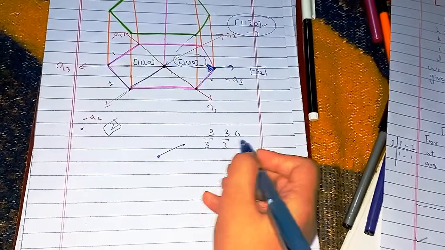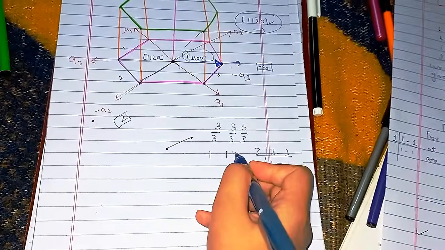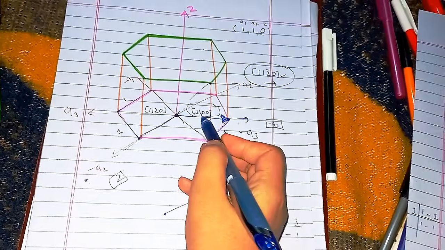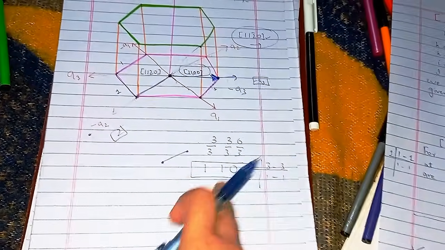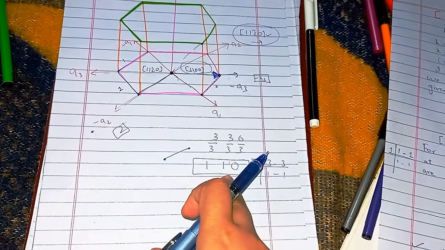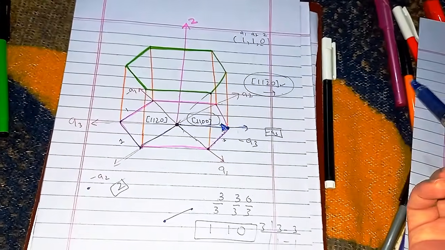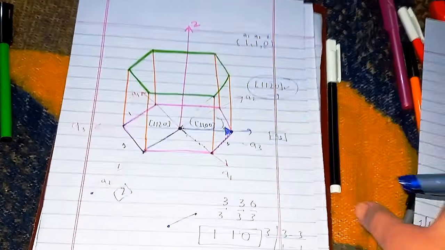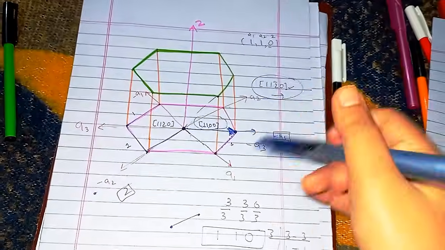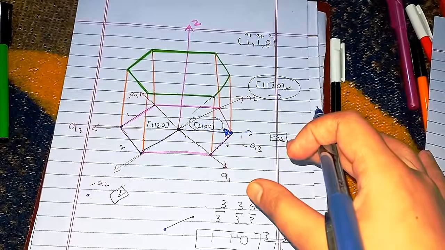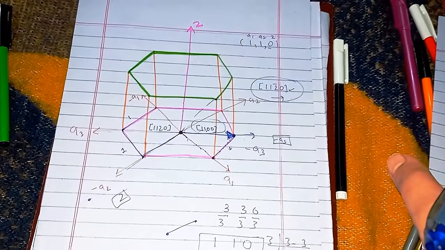Dividing by LCM, it gives you 1 1 0, and this is what you have got for the head coordinates of this direction as well. And when you draw using these head coordinates, you'll get the same direction. So it's just like a family of directions that represent the same directions in HCP. So different Miller indices are possible for a given direction. You don't need to be confused.